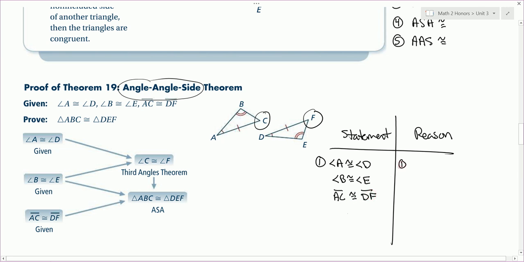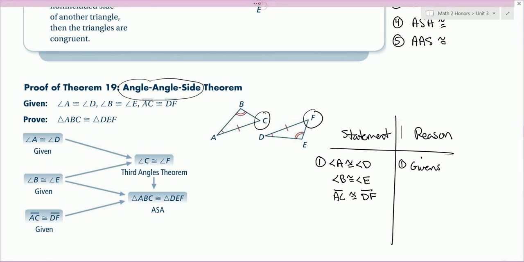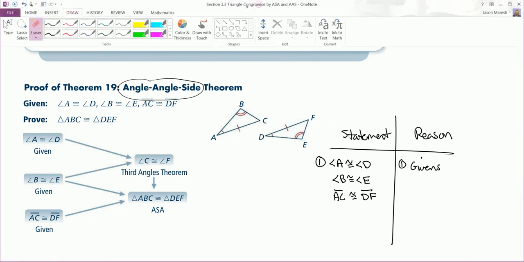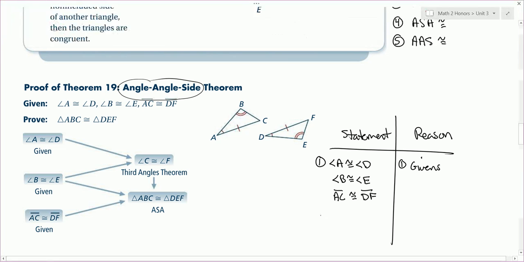Those are our givens. Because we have 2 angles congruent to 2 angles, we can use that. We get the third one for free using that third angle theorem. So that's what we're going to do. Angle C is congruent to angle F by the third angle theorem.